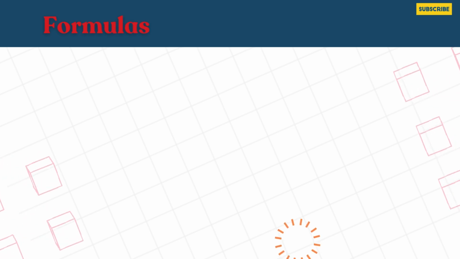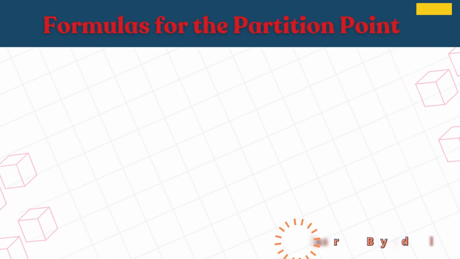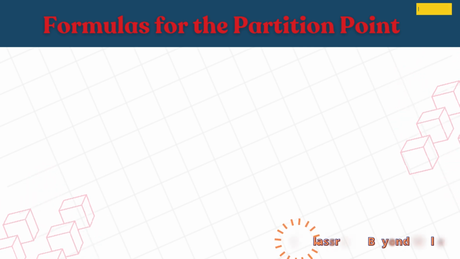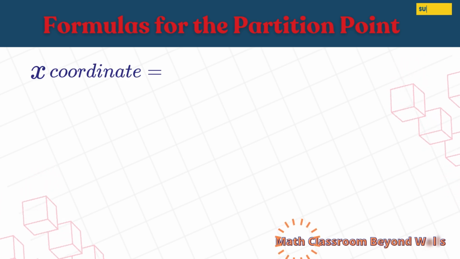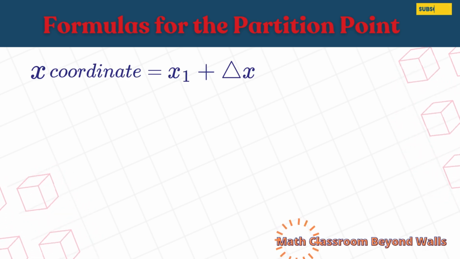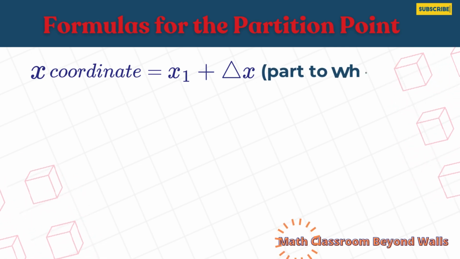Okay, let us have the formula for finding the x and the y coordinates of the partition point and examine the other terms that are on it. For the x coordinate, we have x1 plus change in x times part-to-whole ratio.